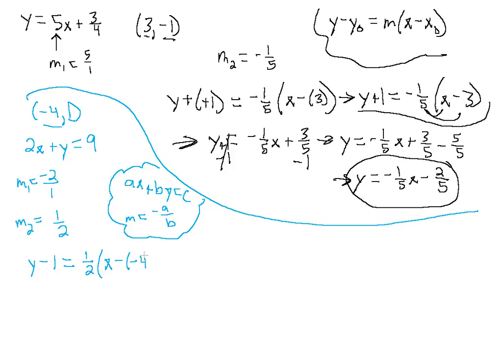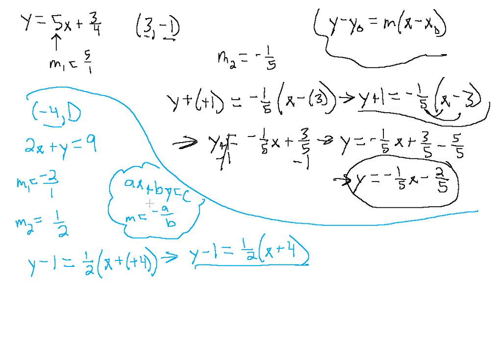Let's put our negative sign in parentheses. We can go ahead and simplify that out. Y minus 1 equals 1/2 times x. These two negative signs cancel, so x plus 4. And there's our equation that runs through the point minus 4, 1, and is perpendicular to this line right here.